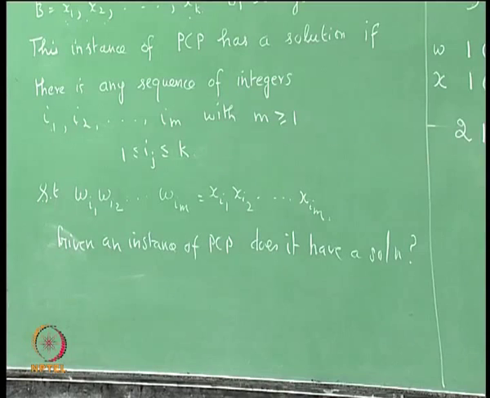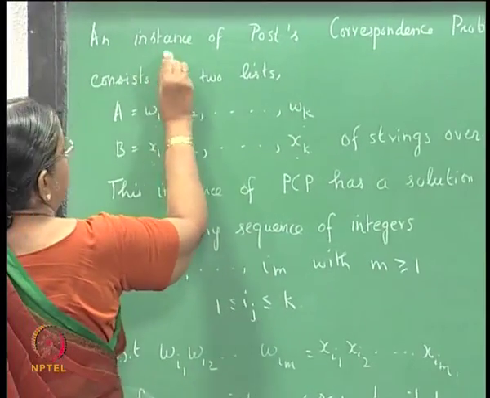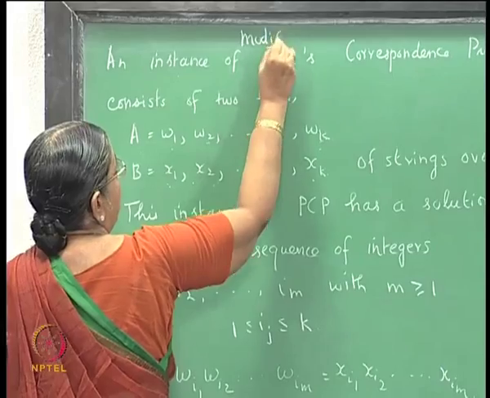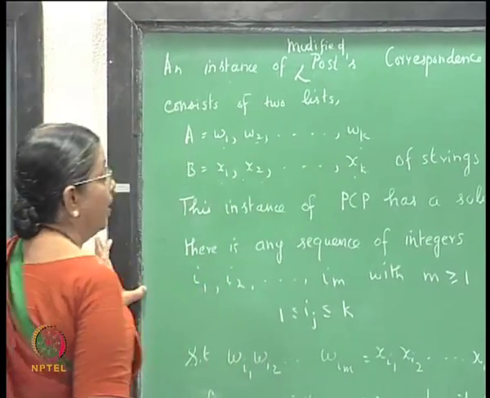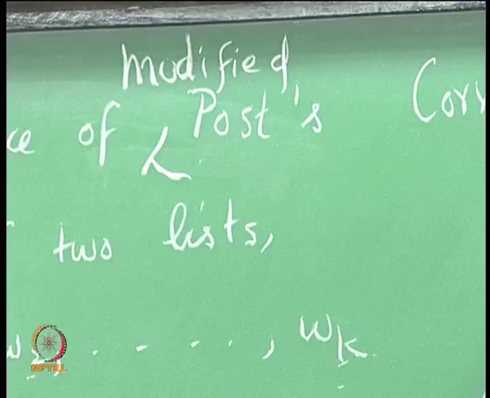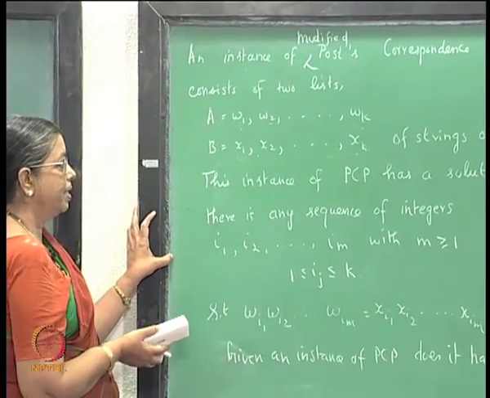Before going into that, we define a modified version of PCP. An instance of the modified post correspondence problem is this. It has again two lists, A with k strings, B with k strings over an alphabet with at least 2 elements.